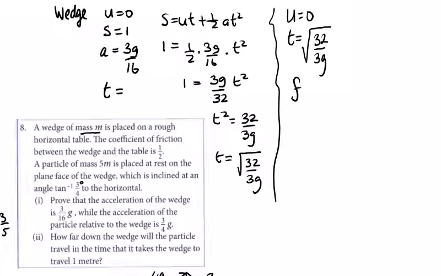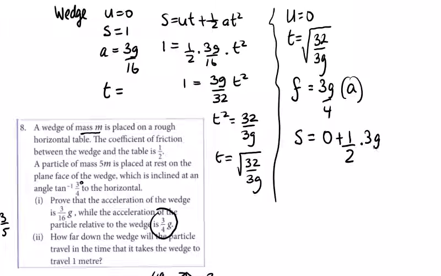We know the acceleration. Well, we would have worked out f to be this, I haven't done it here, 3g over 4. And we want the distance traveled in this time. So again, we're going to use s is equal to ut plus a half ft squared. So s is equal to 0 plus a half times 3g over 4 by t squared.